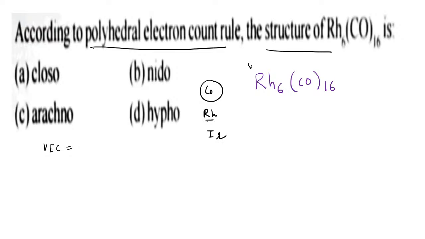Now, how many d electrons does Rh have in the system? Basically we have 9 d electrons for this Rh, that is rhodium, and we have 6 rhodium over here. So 9 into 6 plus we have 16 carbonyls, and for one carbonyl the electron count is 2, so 16 into 2. 9 into 6 is 54, and 16 into 2 is 32, so basically it's an 86 electron count system.